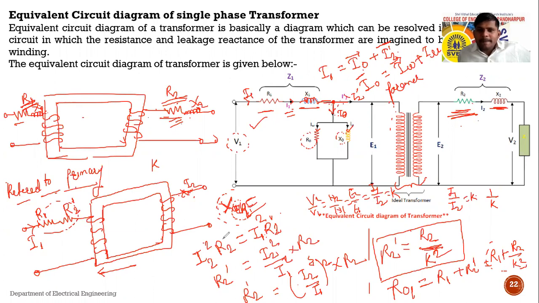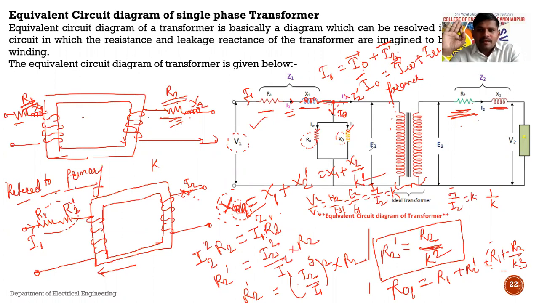On which side? Primary. We are considering referred to primary. So while representing X01 or X equivalent referred to primary, it is equal to the primary side value X1 plus the transferred secondary side value X2 dash. So again it is equal to X1 plus X2 dash, where X2 dash means X2 divided by K square.